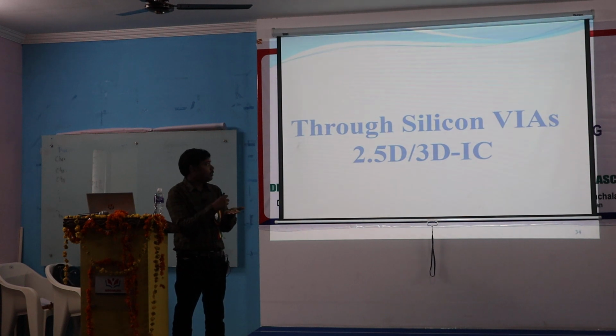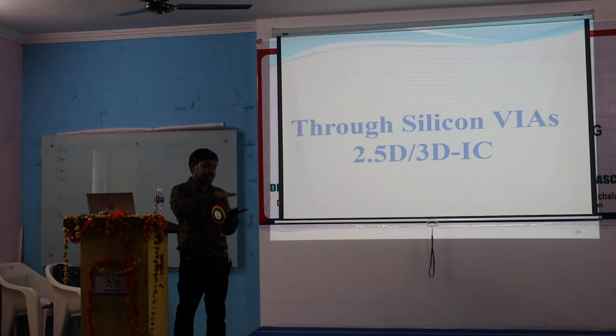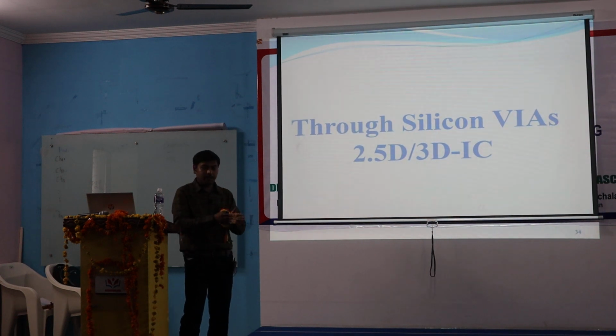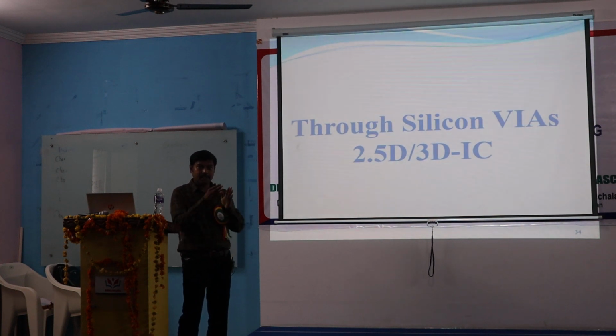But 3D means the cores are placed on top of each other: one gear, second gear, third gear, fourth gear. So the cores are placed vertically. That's why it is called a 3D IC.